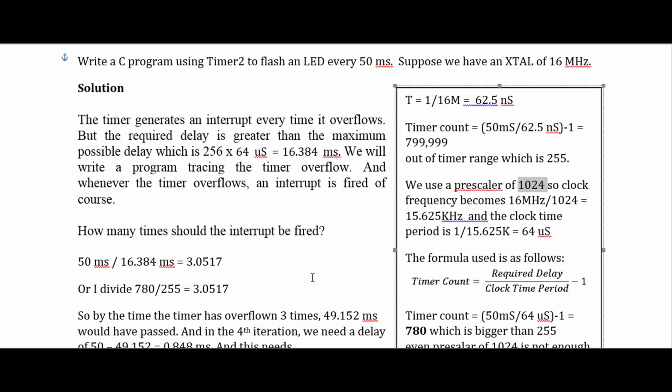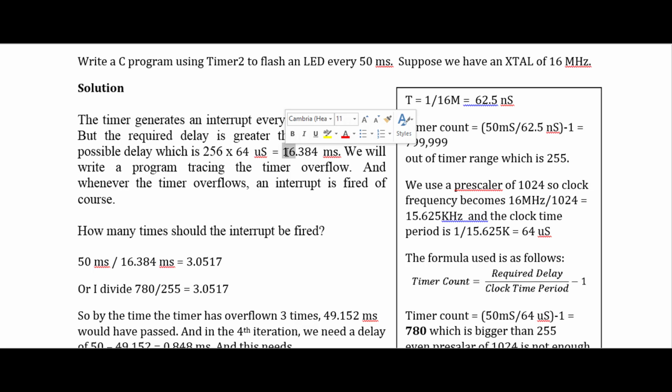The required delay is greater than the maximum possible delay, which is 256 multiplied by 64 microseconds, the new period that we calculated. So the maximum is 16.384 milliseconds. So 16 milliseconds, but we need 50 milliseconds.